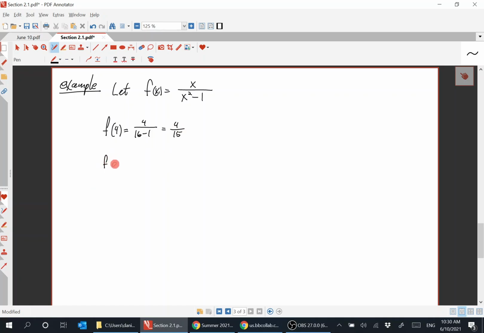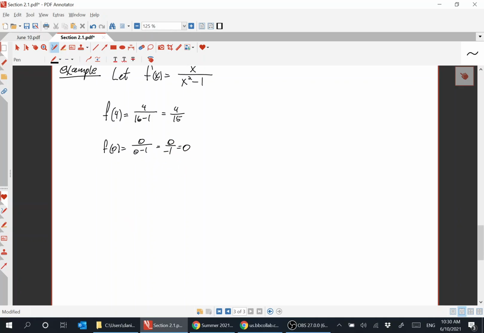What is f of 0? Well, that's 0 over 0 minus 1, so that's 0 over minus 1. And that's fine, that's 0. 0 divided by whatever is 0. However, f of 1, that's 1 over 0, is undefined.